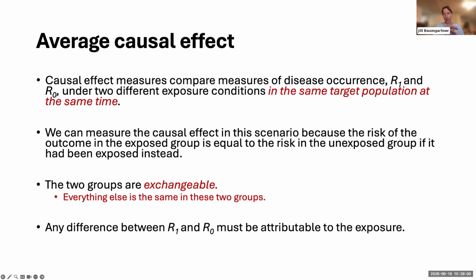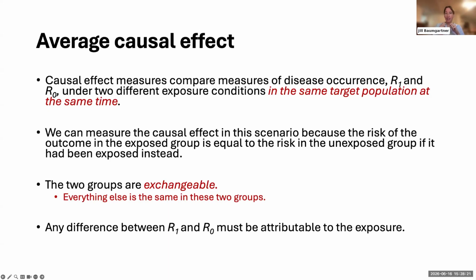This is the fundamental assumption of a lot of the work that we're doing, which is that we can interpret this difference in our parallel universe example, the difference between these two risks, as a causal effect because we're assuming exchangeability.